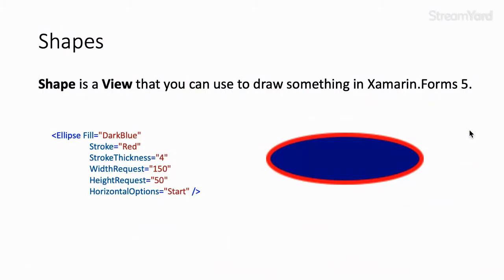There are more than 40 controls that you can use in your mobile applications, and one of them is shapes. Shapes is a view or control that you can use to draw several forms or shapes in Xamarin Forms 5.